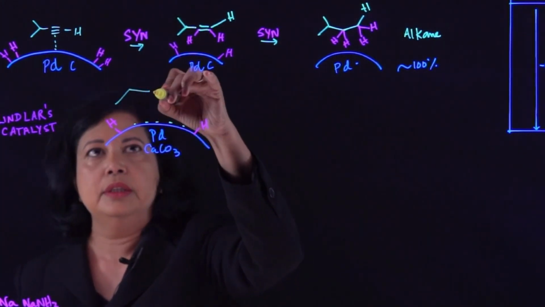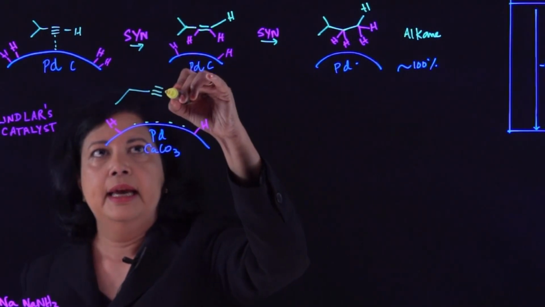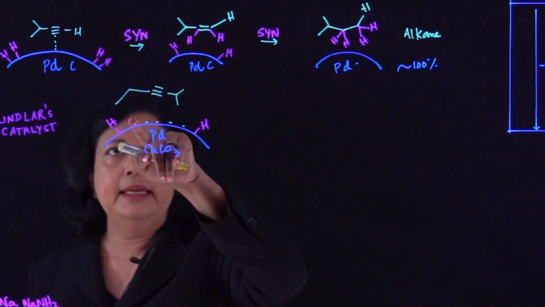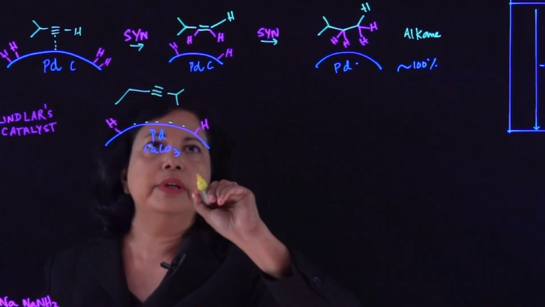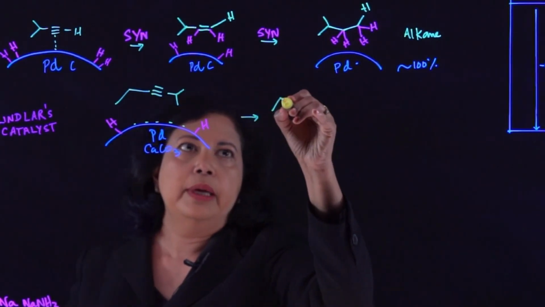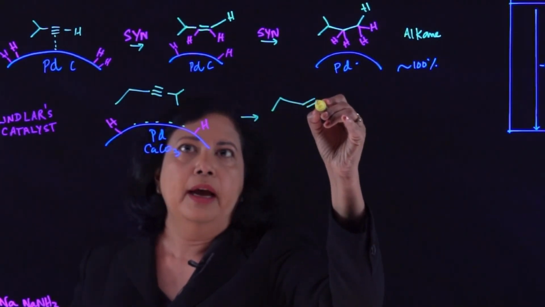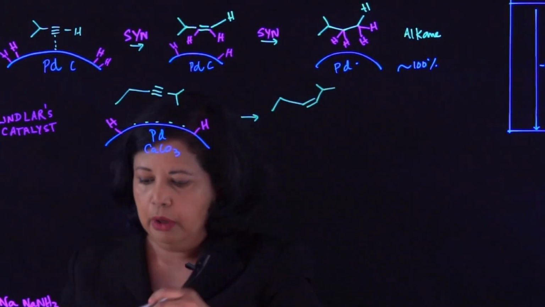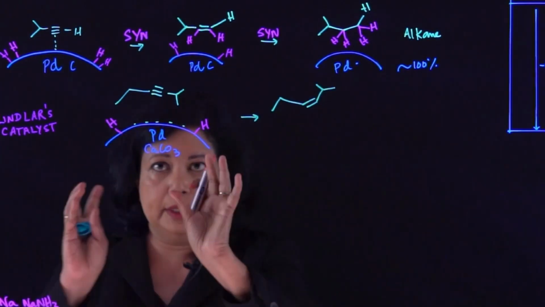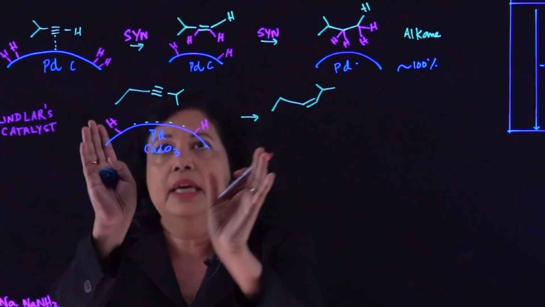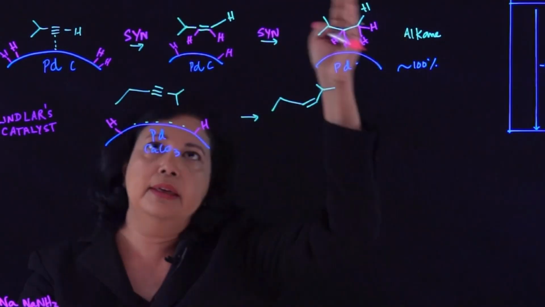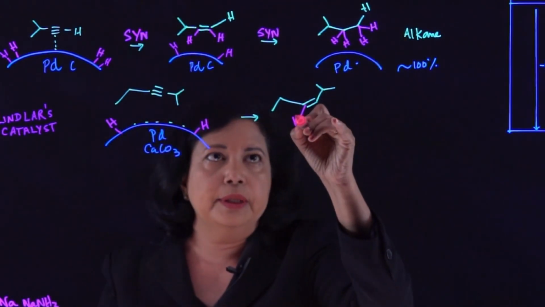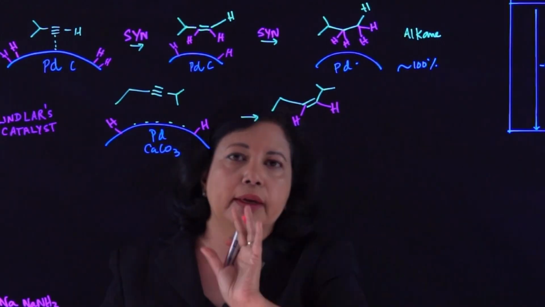So here is this molecule coming in, and these hydrogens would add over here to give you a bond where you have both the hydrogens on the same side. The way the catalyst is holding the hydrogens, it's impossible for it to turn around and attack on the top. So it's going to be going right at the bottom.